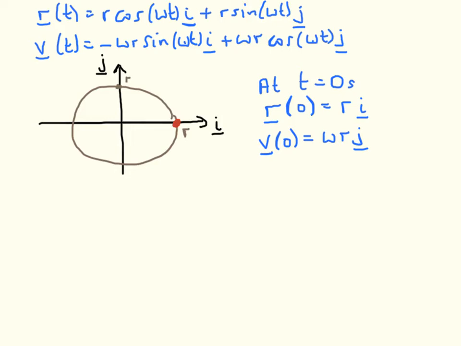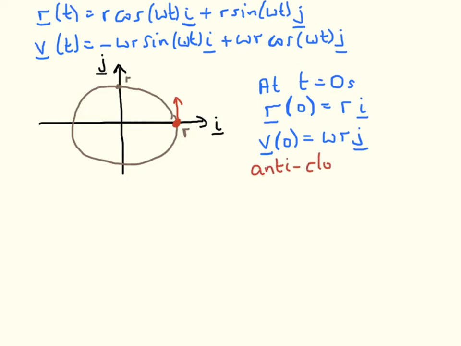Omega is the angular frequency, the number of radians that it goes through per second, that's positive as well. So omega and r are both positive, so v of 0 is in the j direction and it's positive, so that means at t is 0 our particle is moving straight upwards. So this corresponds to starting here, and the motion is anti-clockwise.